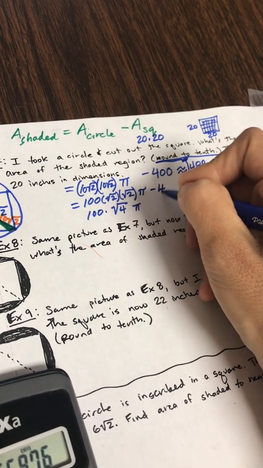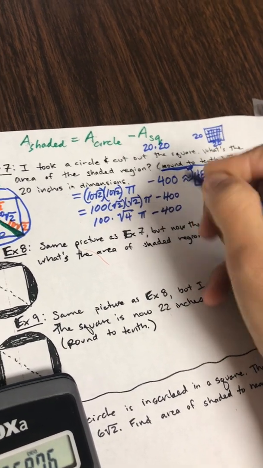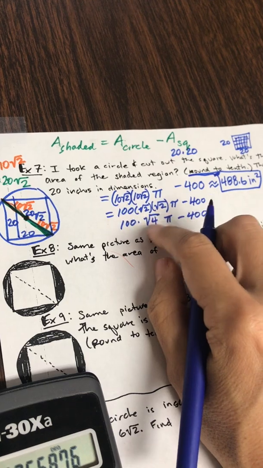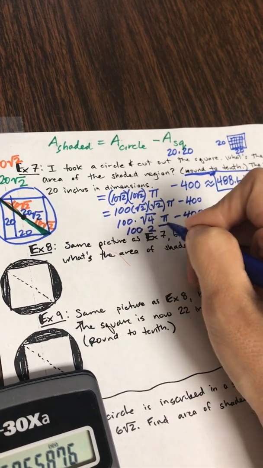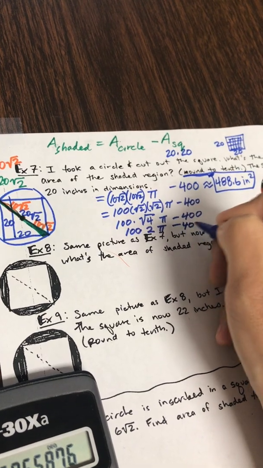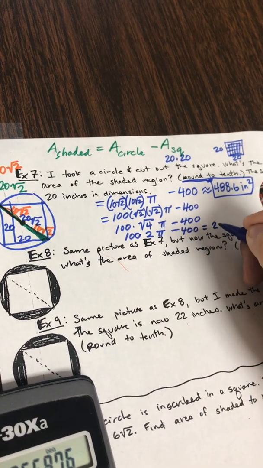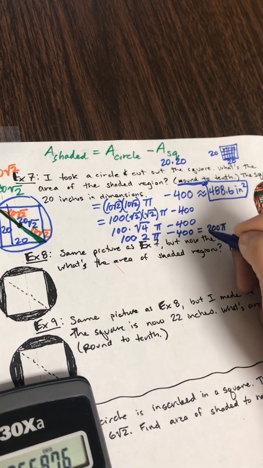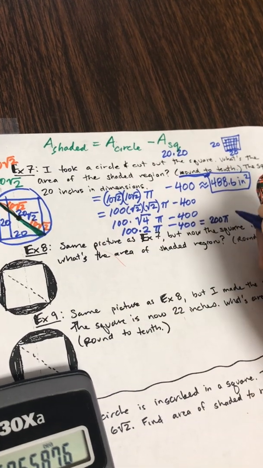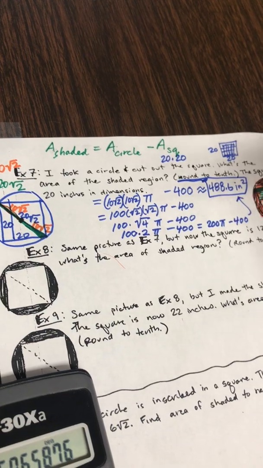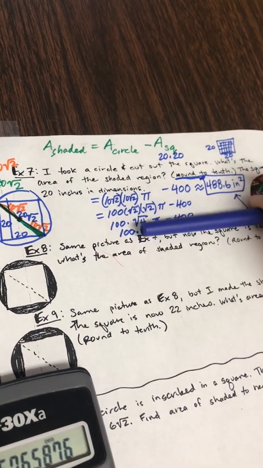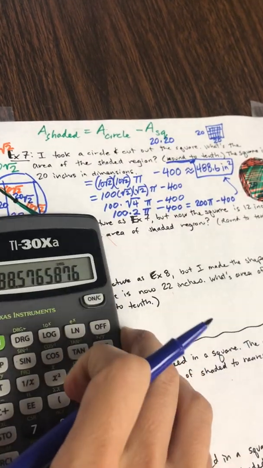Now the interesting thing is, isn't the square root of 4 just the number 2? So cool, right? So technically, I could have just typed in my calculator 200 times pi minus 400, and I should get this same decimal. All of these are equivalent pieces of information.